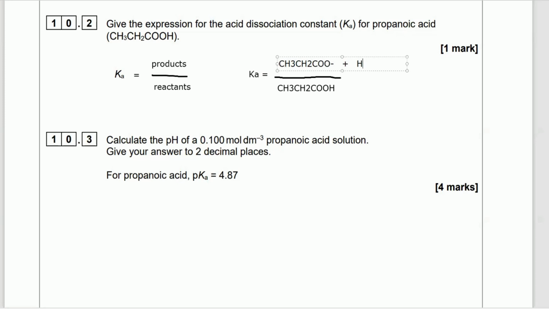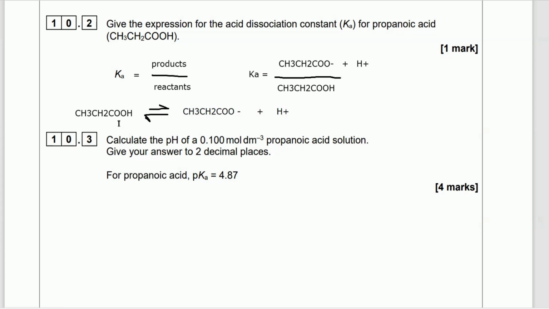That's why it's an acid. It releases hydrogen ions when it dissociates. And so those will be the products. So we want to put the products over the reactants. And here's the equation for that. We use a reversible symbol because it's a weak acid. Strong acids, we wouldn't use this reversible symbol. And it forms the propanoate ions or carboxylate ions and hydrogen ions.